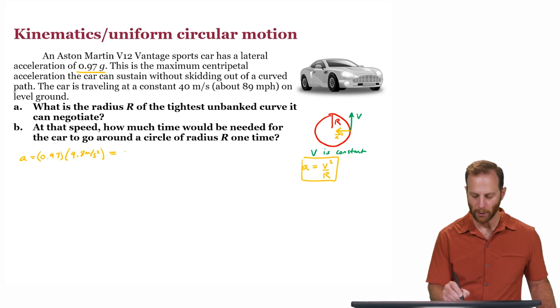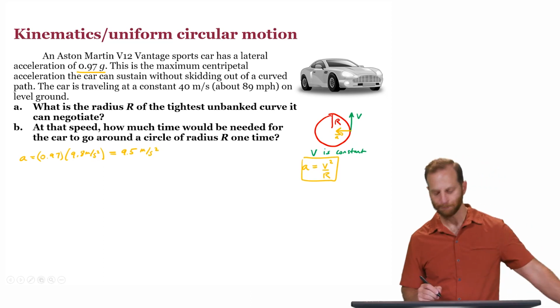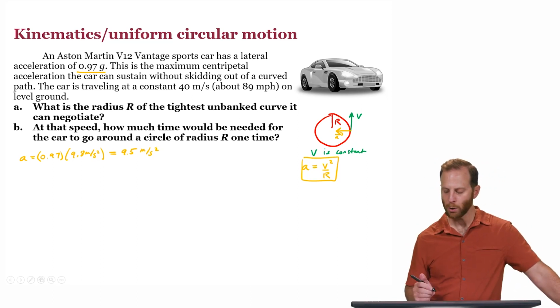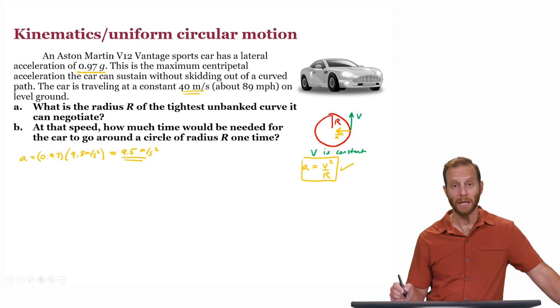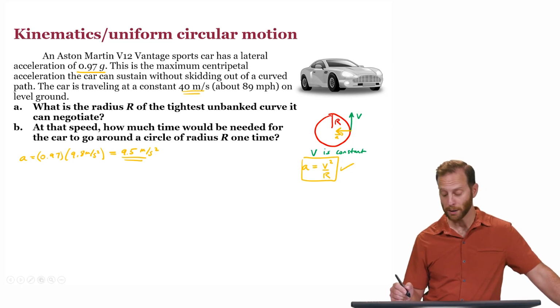That tells us the acceleration is 9.5 meters per second squared, so close to g, but not quite. Since we want to know what the radius is, we'll use this as the acceleration. This is the speed. And if we use our relationship between acceleration, speed, and radius, we can figure out what the radius is.